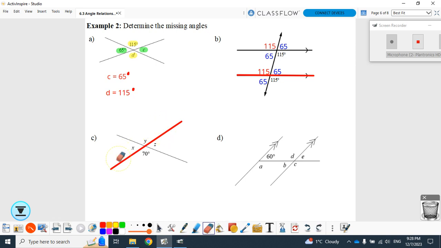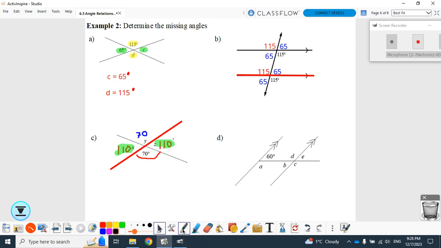If this is 70, this has got to be 110. And if this is 70 down here, then this angle Z has to be 110 as well. Or maybe you're looking at it that these are opposite of each other, 110 and 110, and that's totally fine too.